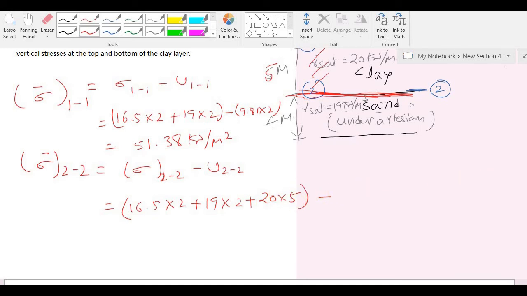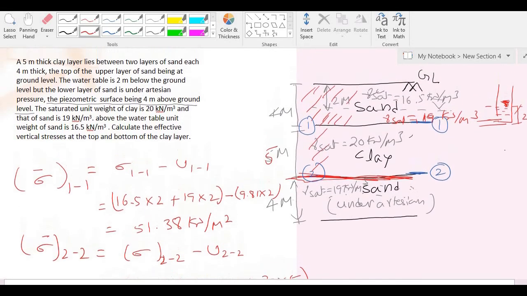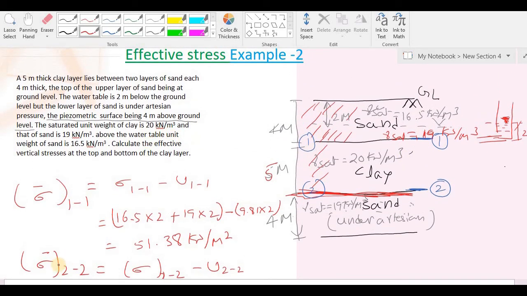And the pore water pressure: if you want to calculate pore water pressure, you have to place a piezometer at that point where you want to calculate it. Generally, as I said yesterday also, if there is no confinement, then the water level rise in the piezometer is till the water table point, which is here, not here.